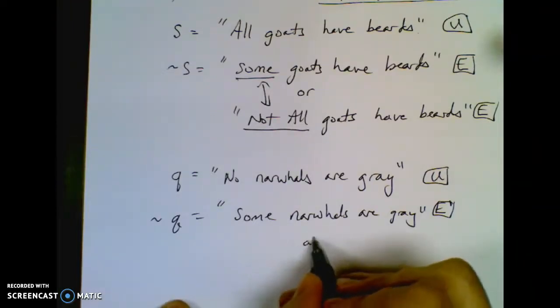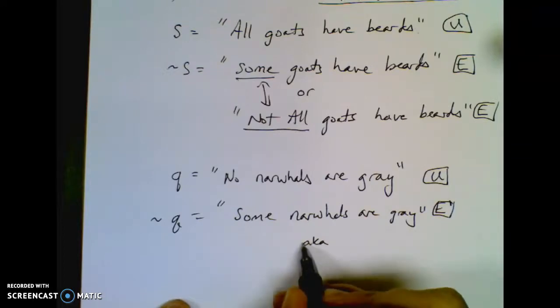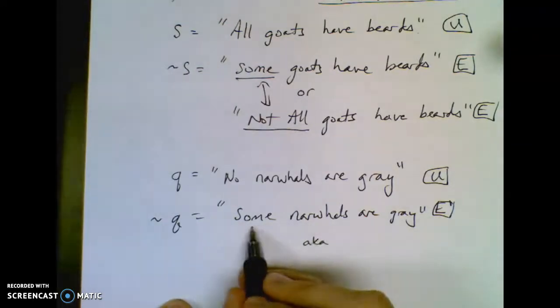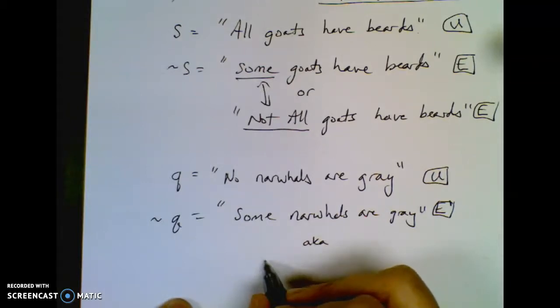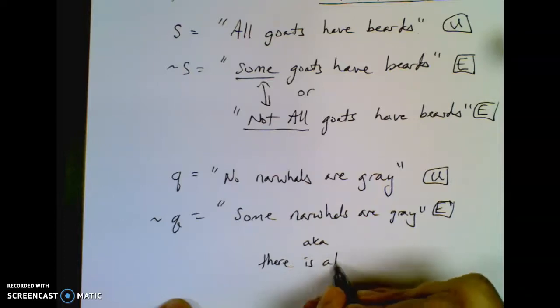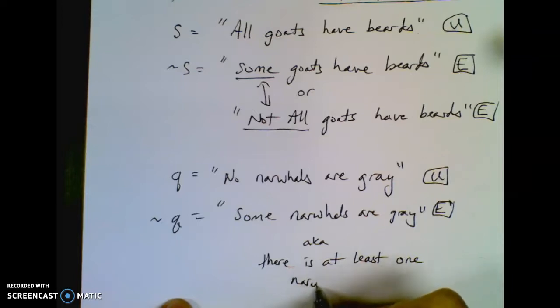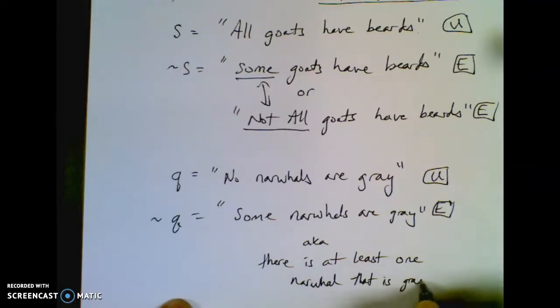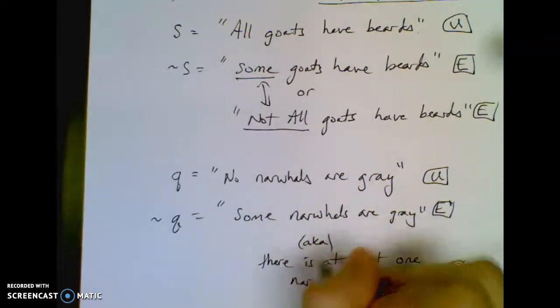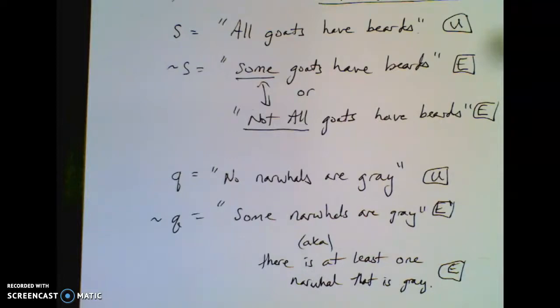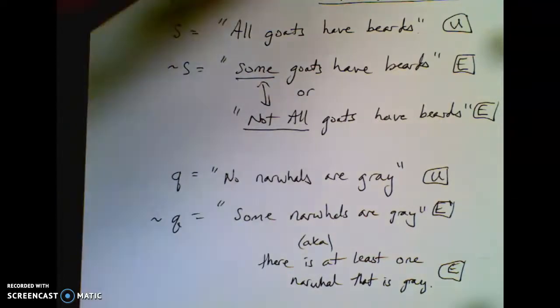By the way, some narwhals are gray is logically equivalent to saying there is at least one narwhal that is gray. It seems weird that we're doing all this Englishy stuff, but this is what logic is based off of. This is how you make logical arguments. All right, let's do another one.